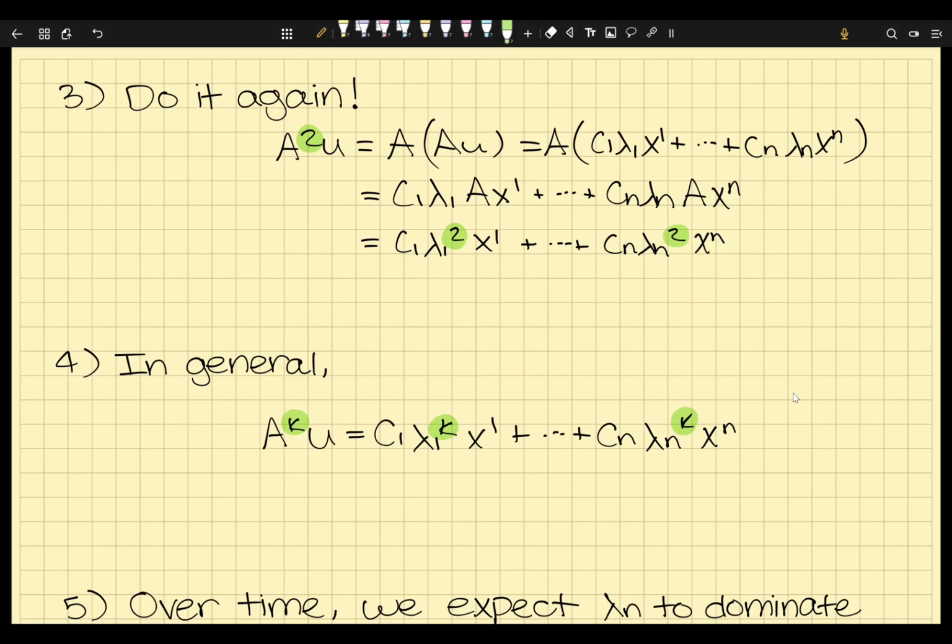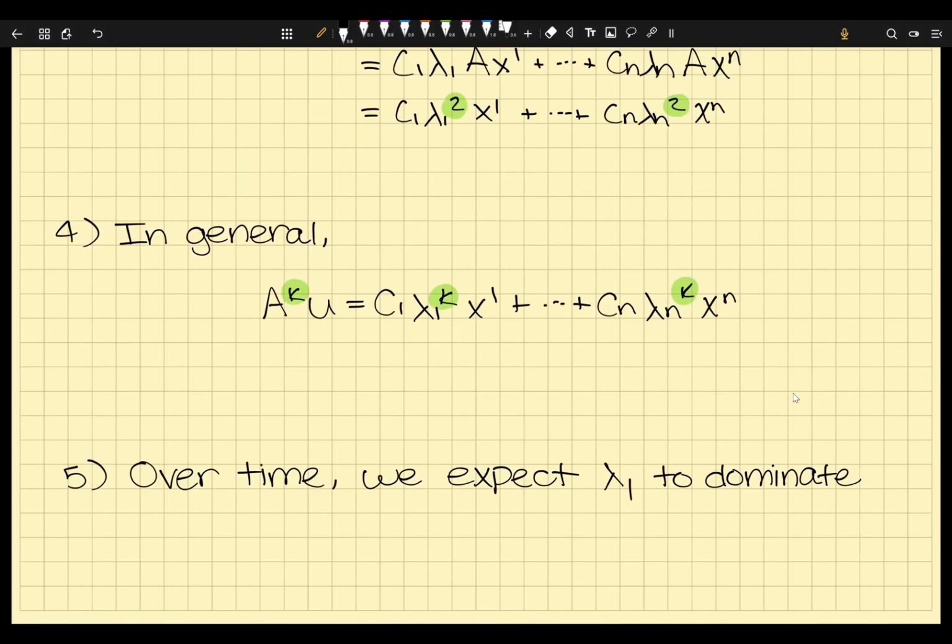All right, and so over time, what happens is that we expect this, I think this should have been lambda 1. We expect lambda 1 to be the dominating eigenvalue. Actually, what should I say was the largest eigenvalue? I said lambda n is the largest eigenvalue. Okay, so this should have been an n. So over time we expect lambda n to be the largest eigenvalue.